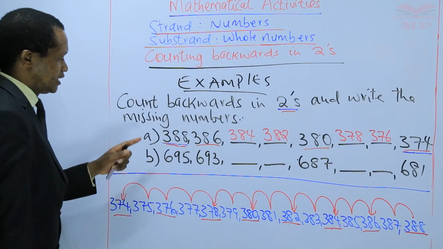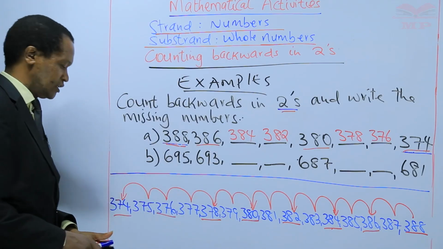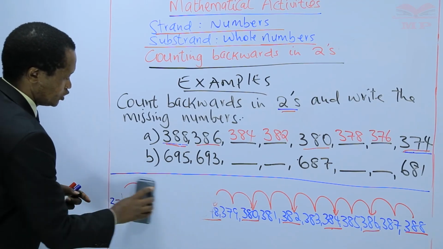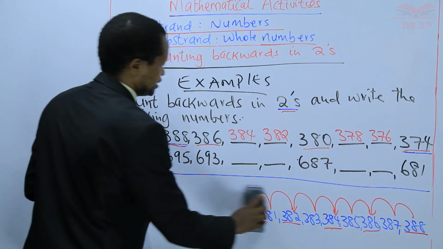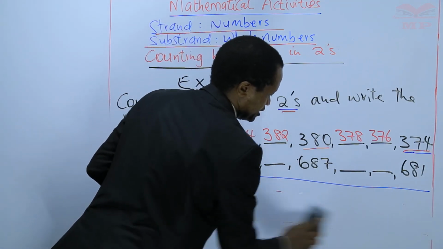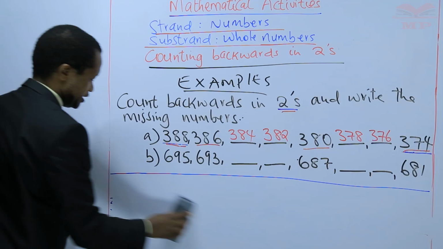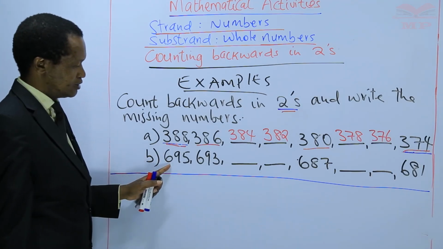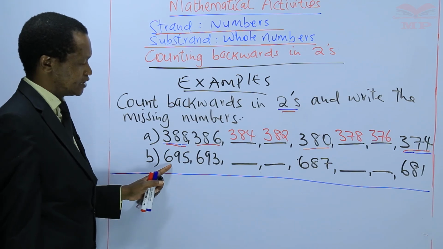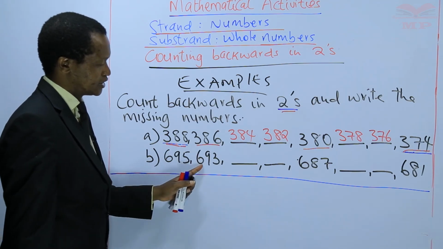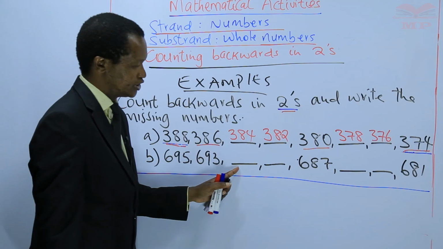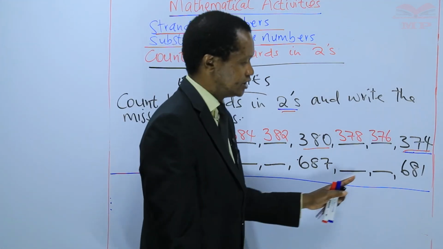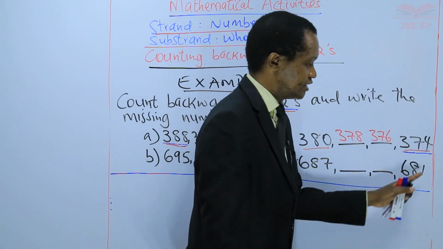We have answered A. Now I want us to answer B. Count backwards in twos and write the missing numbers. The first number is 695, 693, dash, dash, 687, dash, dash, 681.